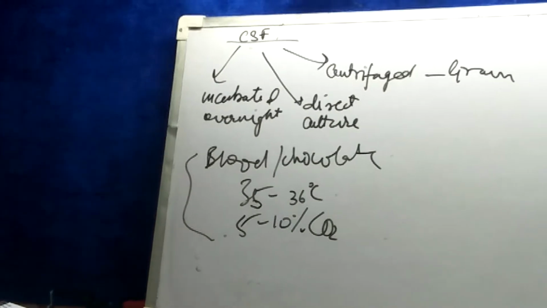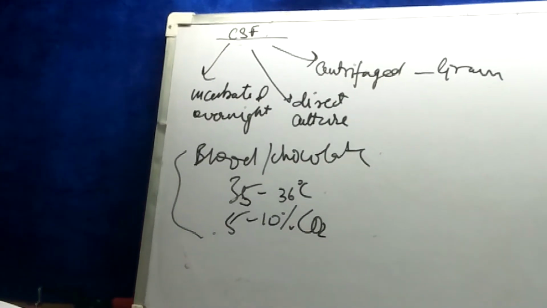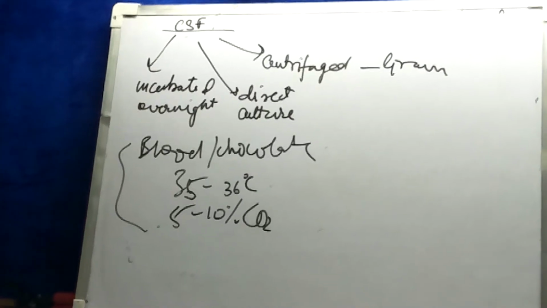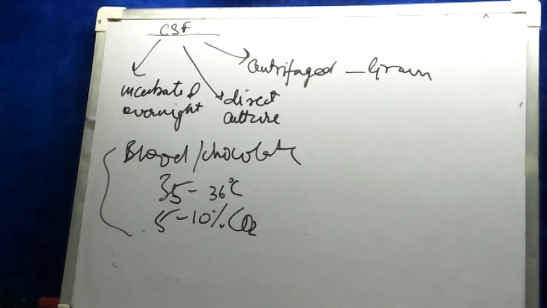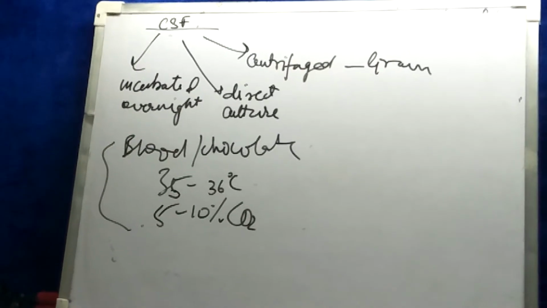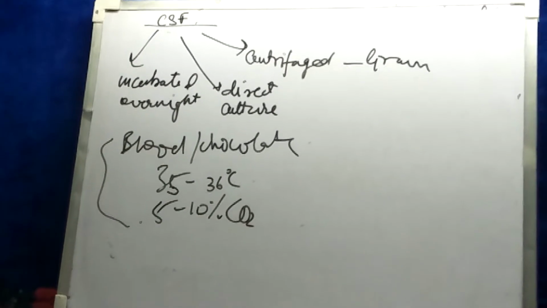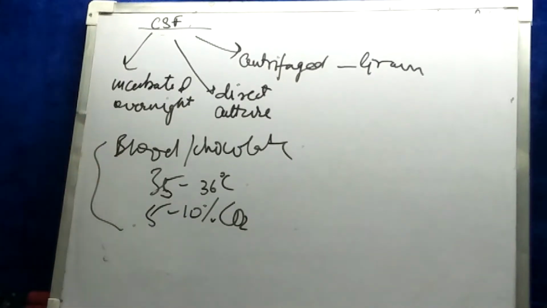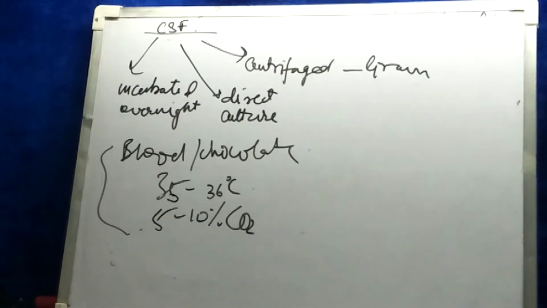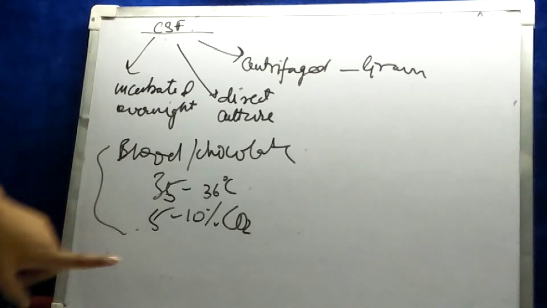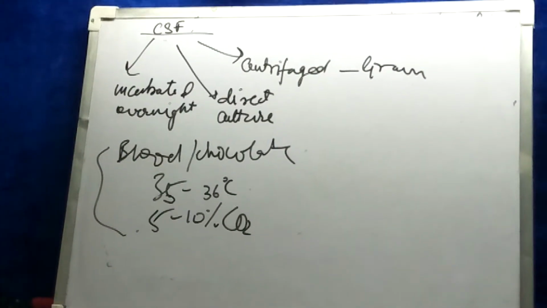The results will come after 24 to 48 hours in CSF, and in blood after 24 hours. For the blood, we can also use a blood culture bottle which will have glucose broth, the temperature remains the same, and we'll get the result in 24 hours. For others also, blood and chocolate agar with the same conditions will be used.